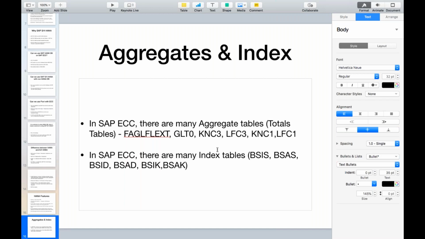But if I ask for that information from BSEG, your FBL3N report will take a lot of time. Sometimes you will even get a memory overflow or error. After 15, 20 minutes, you will get an error that you are not able to get the data. So why did SAP create these index tables? The same reason. SAP has created a copy of BSEG. They created a subset of BSEG.